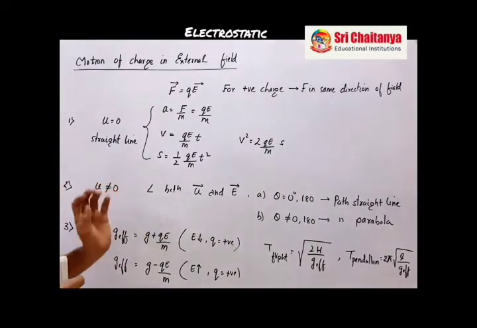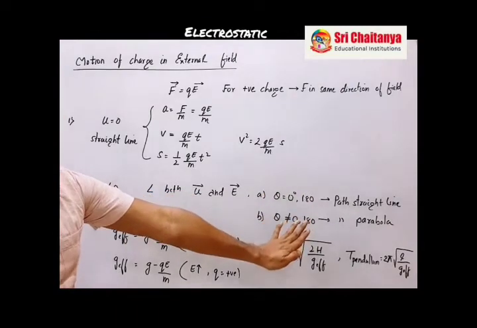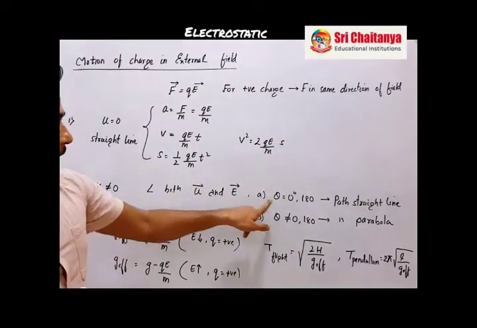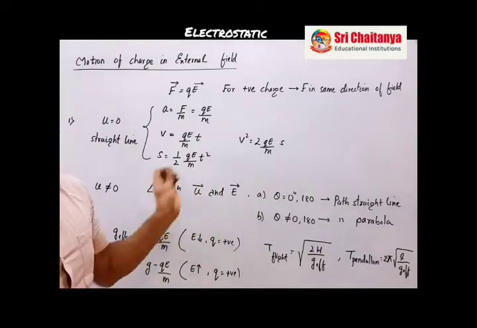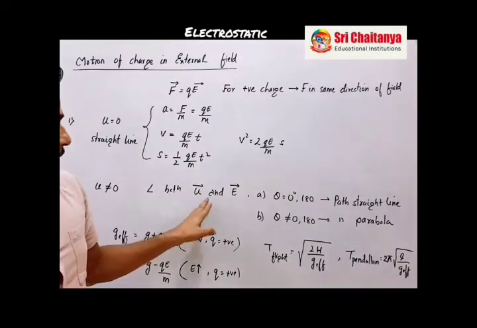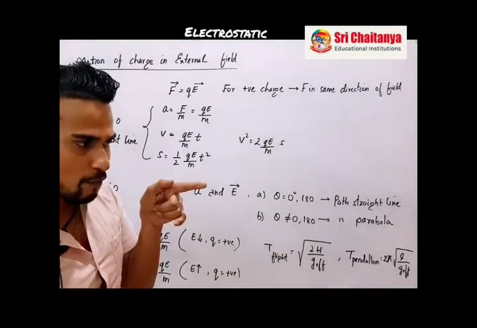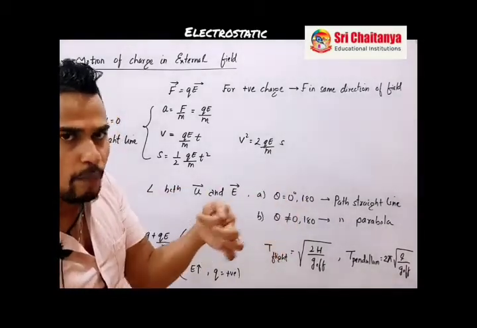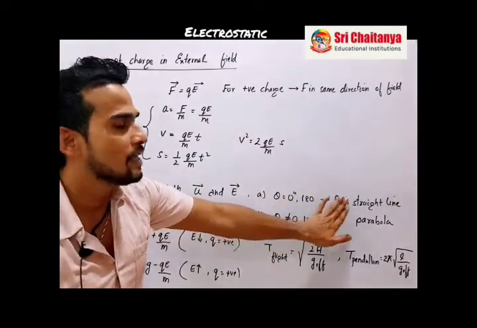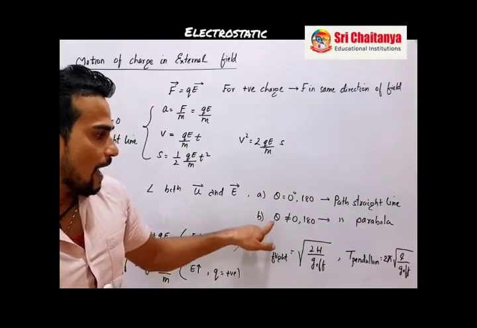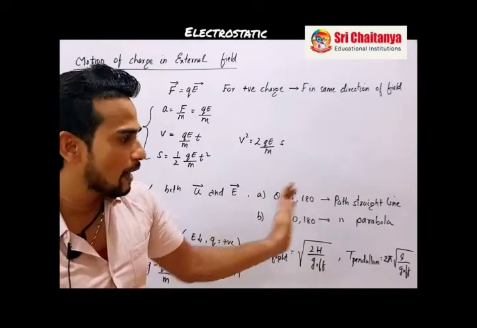If your initial velocity is not 0, the path can be a straight line or a parabola. If the angle between your electric field and initial velocity is 0 or 180, that means force will act either in the direction of velocity or opposite to the velocity. That means the path is not going to be affected, and your path will remain a straight line. But if the angle is not 0 degree and not 180 degree, your path will be a parabola.